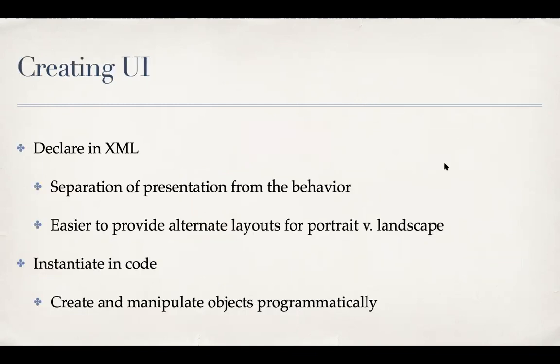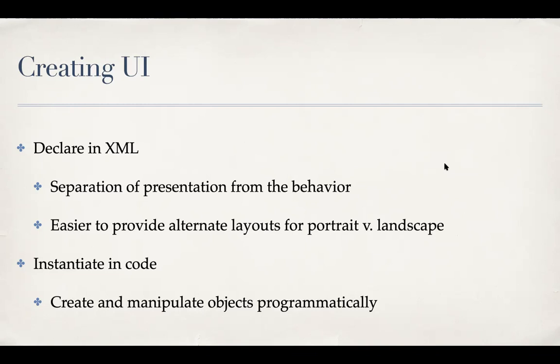Okay, so creating UI, no matter what layout you are using, as we know, can be done in one of the two ways. You can declare things in XML, or you can instantiate them in code. Declaring things in XML is the preferred way because you have a separation of presentation from the behavior. It is also easier, because of the same reason, to provide alternate layouts for portrait versus landscape, as we have seen.